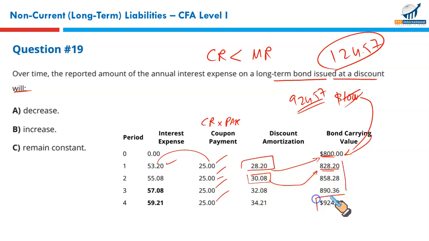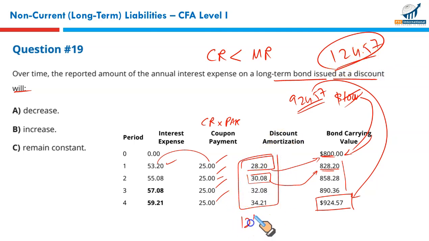By the time the bond matures, the par value and the book value become the same. And this is the total bond discount, 124.57, which has been amortized over the period of 4 years, right? So that's how amortization is done. Amortization, whether it's a premium or a discount, will bring the book value and the par value of the bond equal at the maturity date.